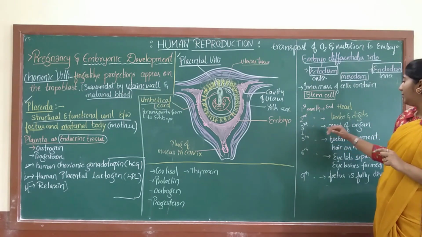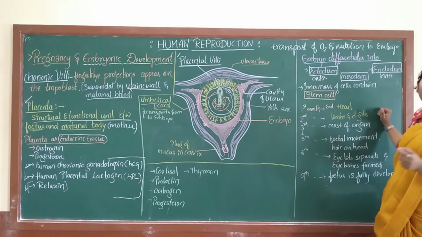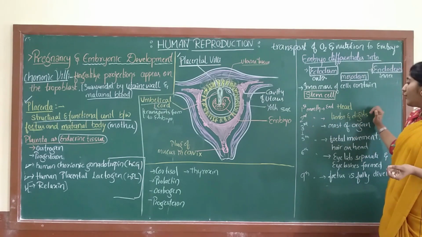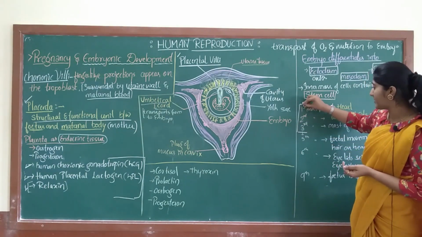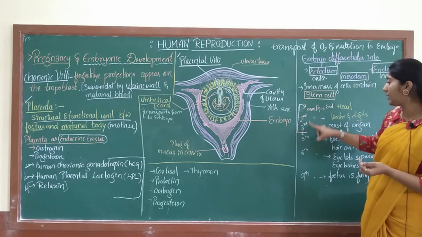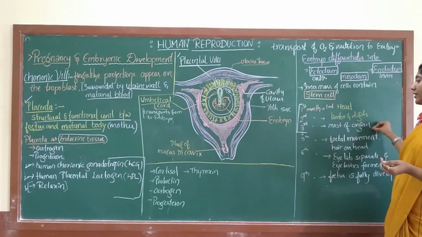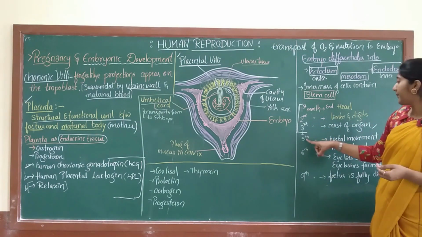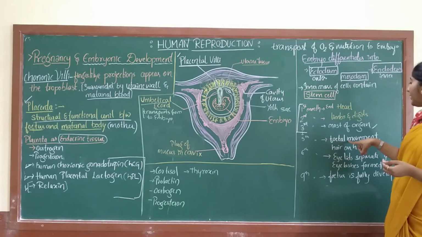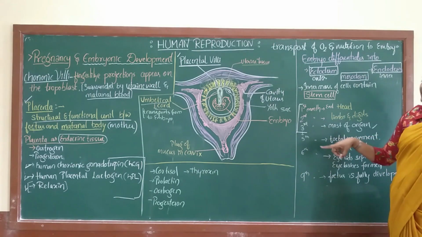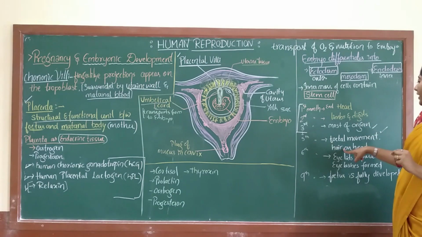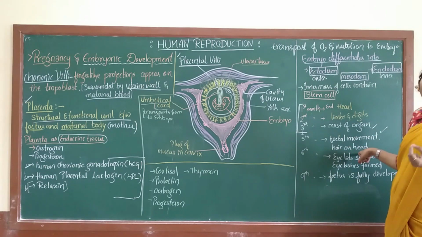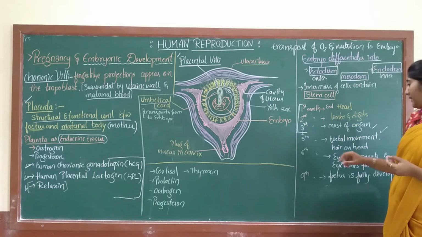In the third month, most of the organs like external genitalia and so on form. By the end of the first trimester, that is the end of the third month, most of the organs are formed. From the 5th month, the fetal movement starts, and the development of hair on the head also takes place.